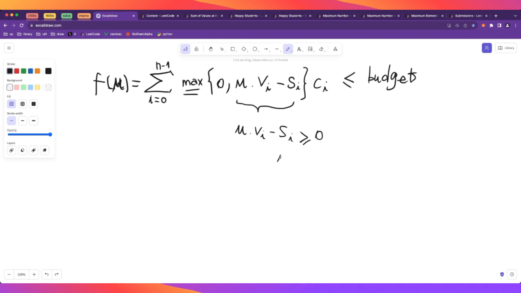We add s sub i on this side, and then we divide, and we end up with this. So this means that if u is greater than this ratio, then we can remove the maximum and just keep this, which is easy to work with. The problem is that we have n of these maximums.